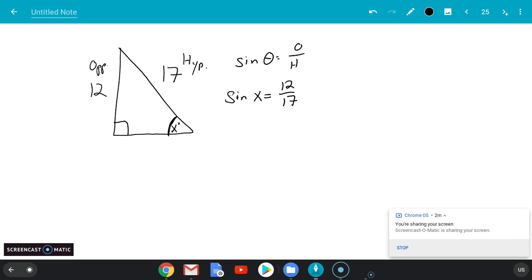But what you can do is what we call taking the inverse sine, which means you're taking sine to the -1 of both sides. What happens is that these two cancel, and I'm left with just x equals sine -1 of 12 over 17. And now here's where the calculator comes into play.